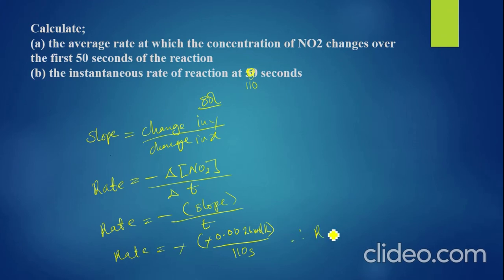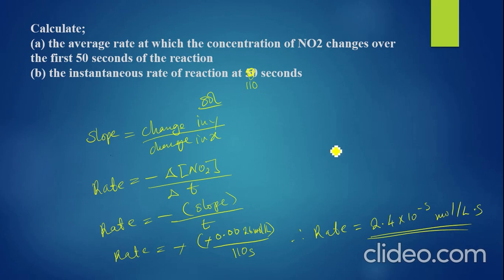Therefore, your rate will be 0.0026 mole per liter divided by 110 seconds. So you're going to have positive 4 times 10 to the power negative 5 mole per liter per second. Then you are done.